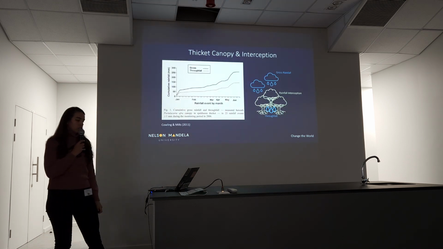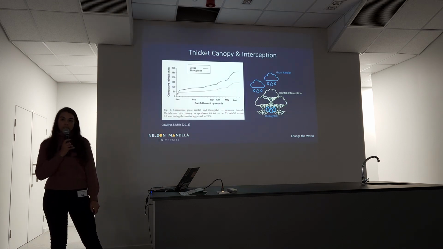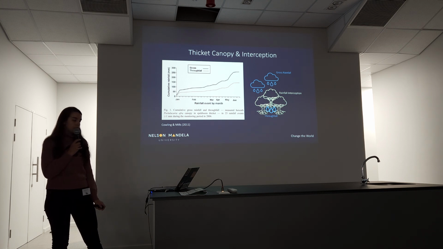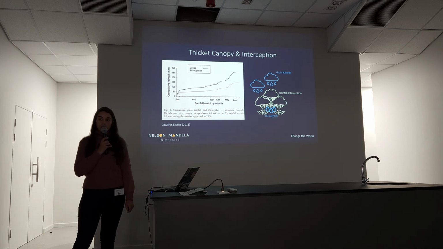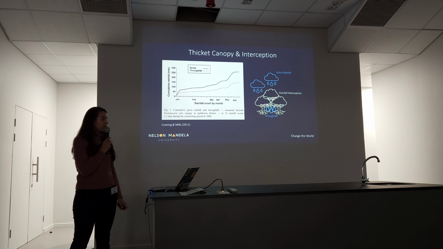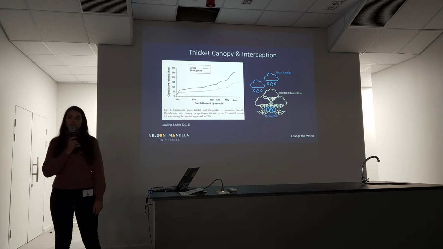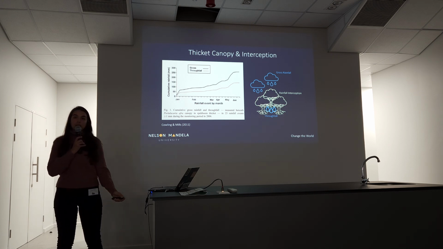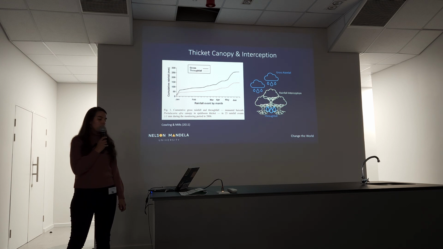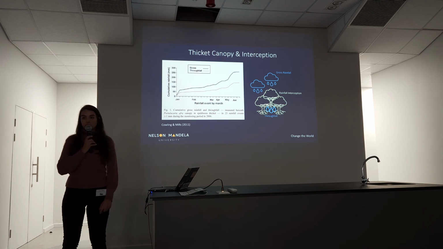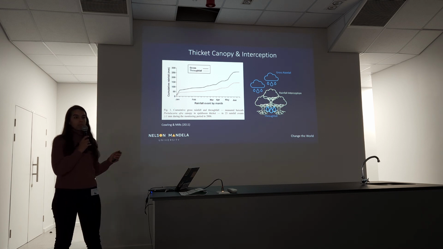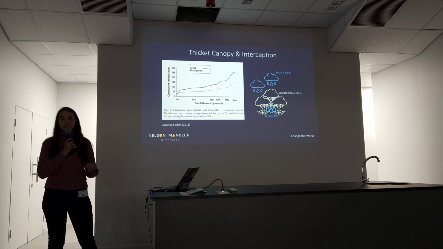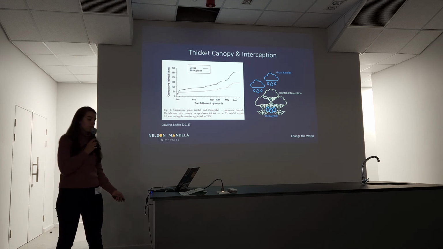So one study looked at the speckboom in the Baviaanskloof area and the interception of rainfall. They measured that about half of the gross rainfall was intercepted by the thicket canopy, with about 49 to 63% of the rain reaching the ground surface as what they call throughfall.